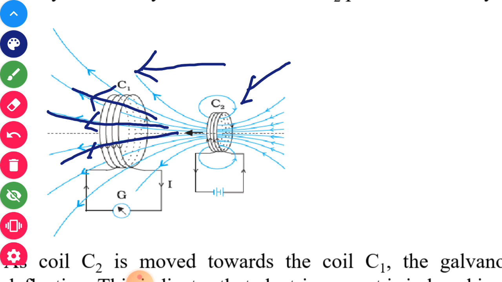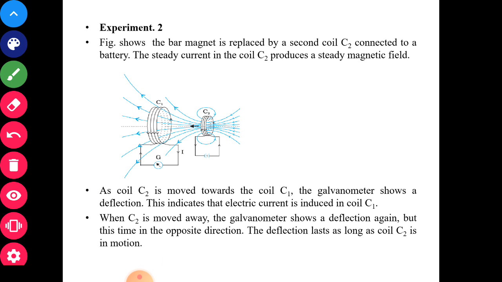And because of this, when you are taking the coil C2 in the direction of C1, the galvanometer shows the deflection. When C2 is moved away, the galvanometer shows the deflection again, but this deflection will be in the opposite direction.